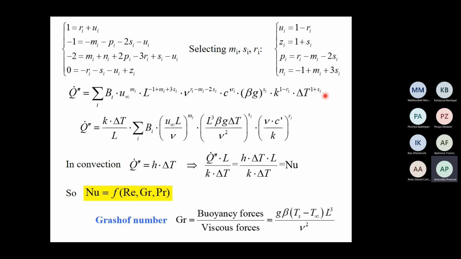Now, and this is the interesting point, I group together the parameters that are at the same exponent. So here I have M, I have M also here, I have M here, and U infinite is elevated to M. L is to M. Ni is to minus M, so it will be at the denominator.